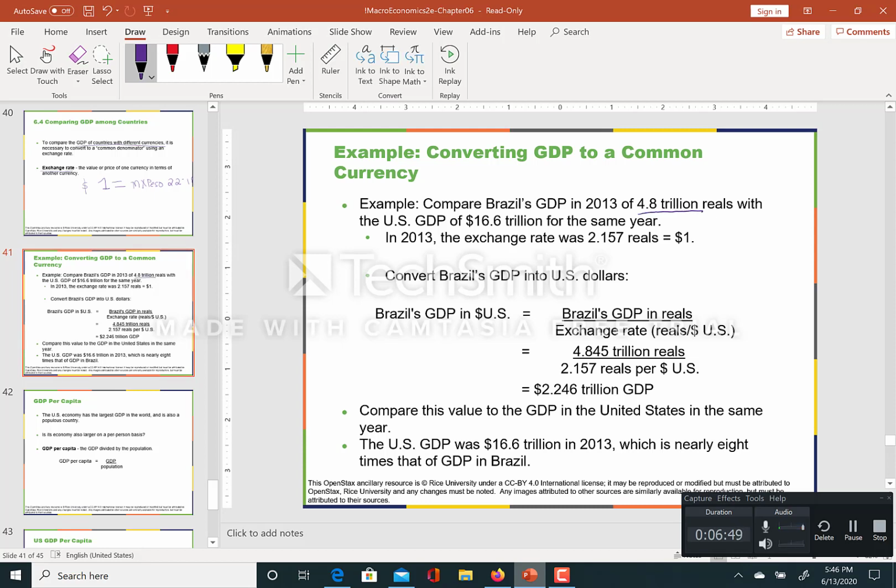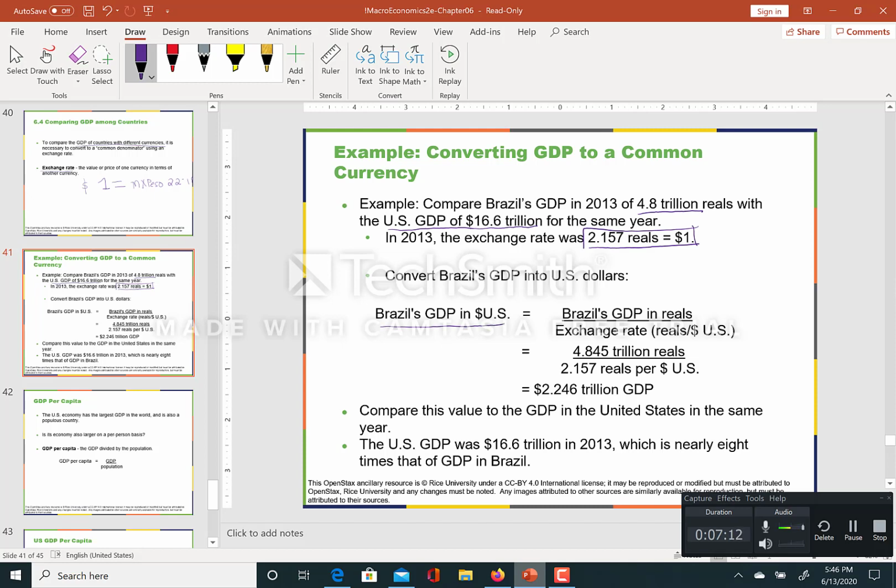Okay, all right, now in this example we have Brazil's gross domestic product in 2013. We have the counterpart US, the GDP is 16.6, Brazil is 4.8. Now I have the exchange rate between reals and dollars, which is 2.157 reals equal to $1.